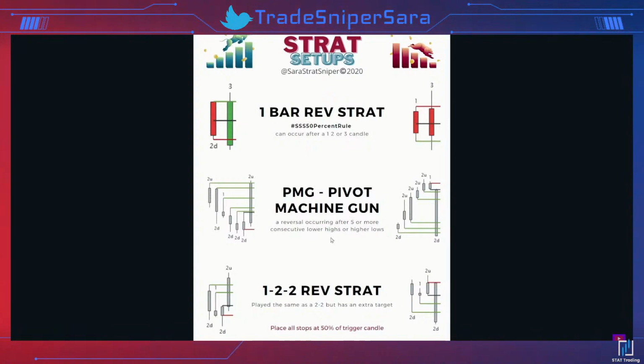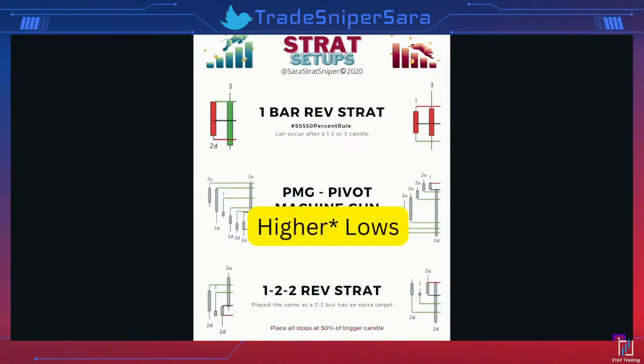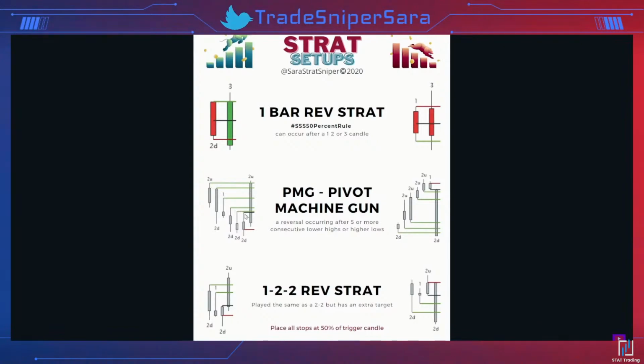It is a reversal occurring after 5 or more consecutive lower highs or lower lows. So you see how each one of these candles is a lower high until one of these candles breaks that pattern and you get a reversal.